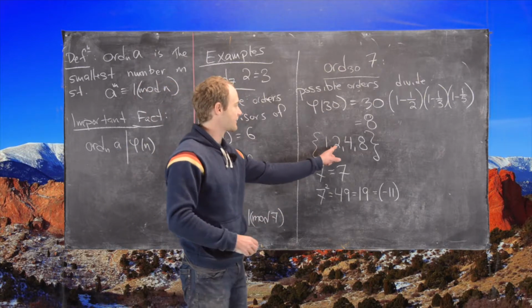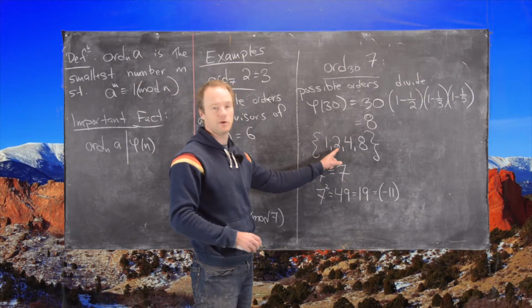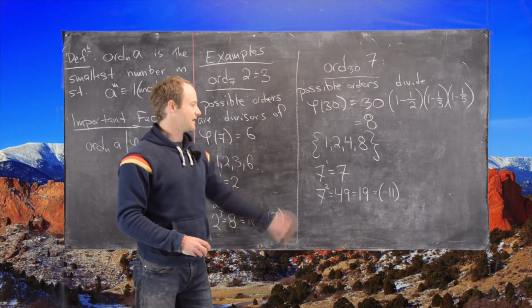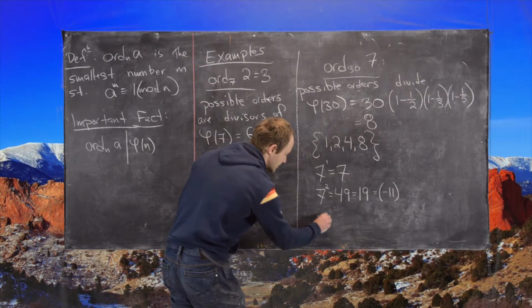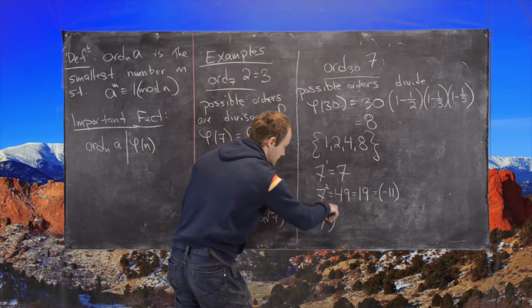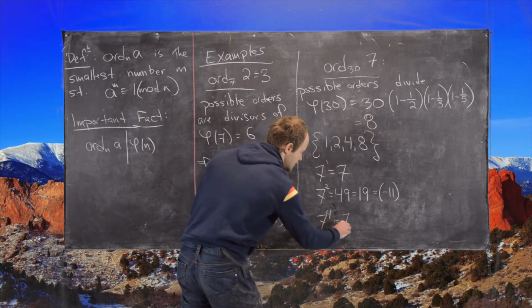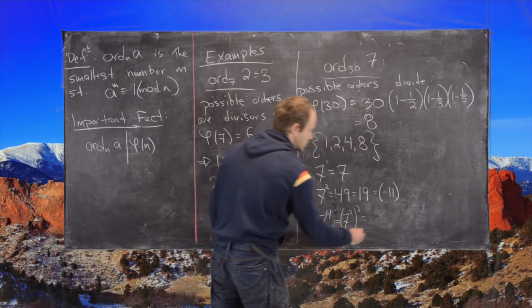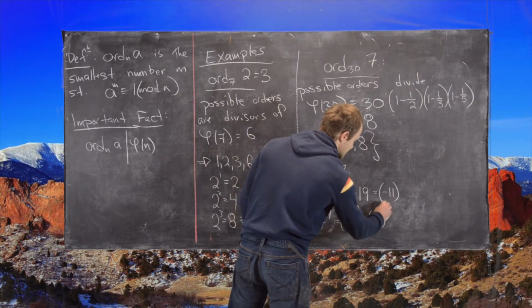Now the next one we have to look at, we don't need to look at 7 cubed because that's not a divisor of 8. So we need to look at 7 to the 4th. We can use that trick: it's 7 squared squared, which will be negative 11 squared.